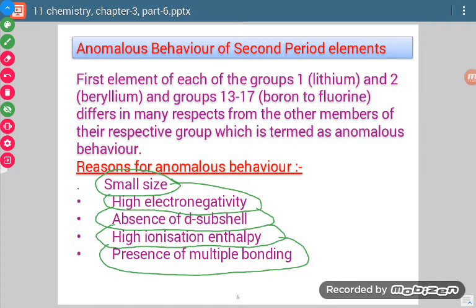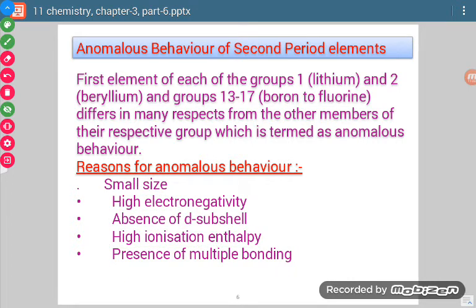So because of these 5 properties which are not found in case of other group members, the first member of each group of representative elements possesses some properties which are different from other, and that is termed as anomalous behavior.